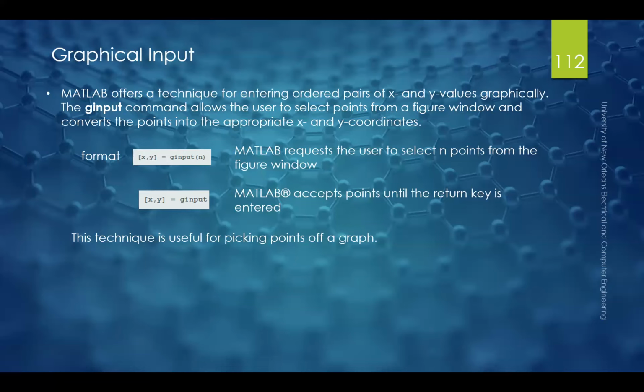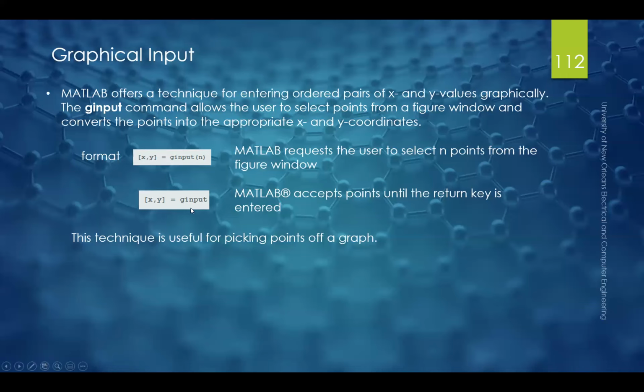because it's very useful for just picking points in a graph. Again, repeating the format, when you call the ginput command, if you give it an n number, 2, 3, 4, whatever that integer is, you're telling MATLAB that you're going to select n points in the graph, okay? And MATLAB in return will put those values into this array.